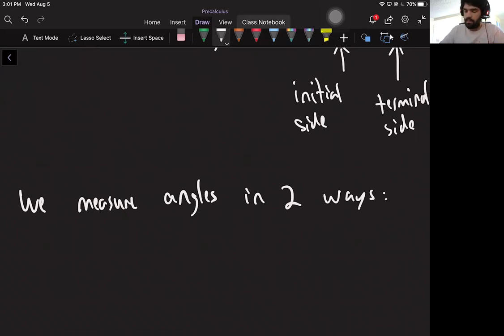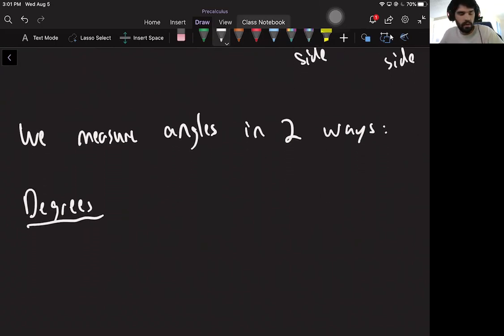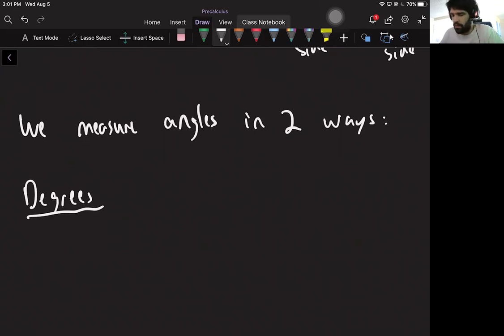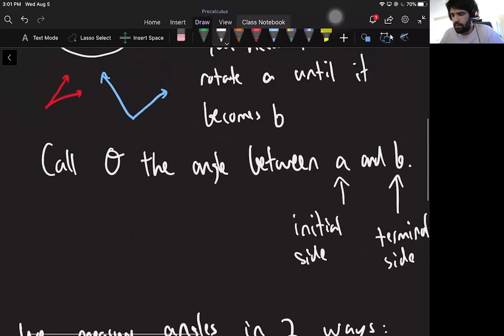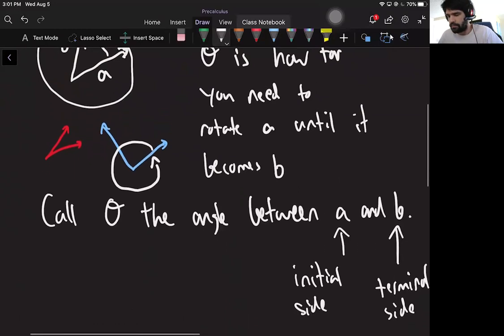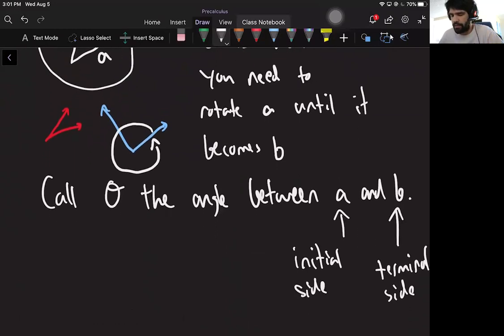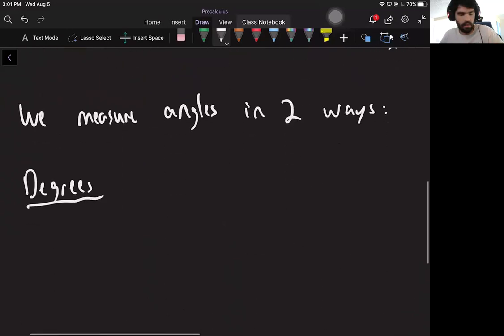The first is through something called degrees. And we play a little trick here to figure out what a degree is. Instead of saying what 1 degree is, that's kind of hard to do. We think about what would happen if I rotate all the way around, because that's more of a standardized thing. So that's what we're going to do.